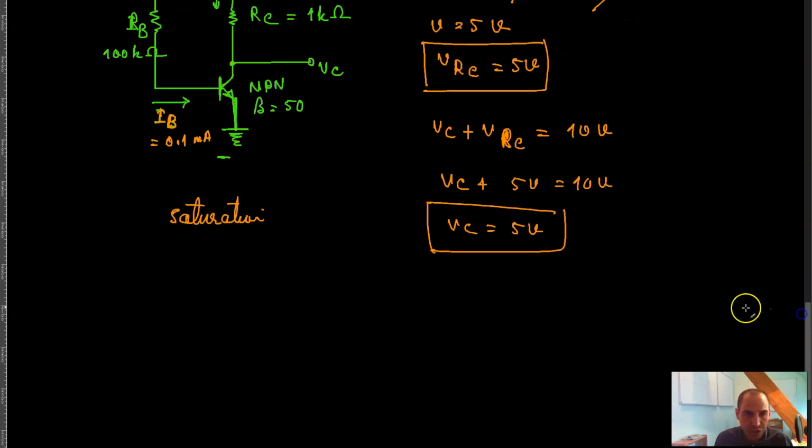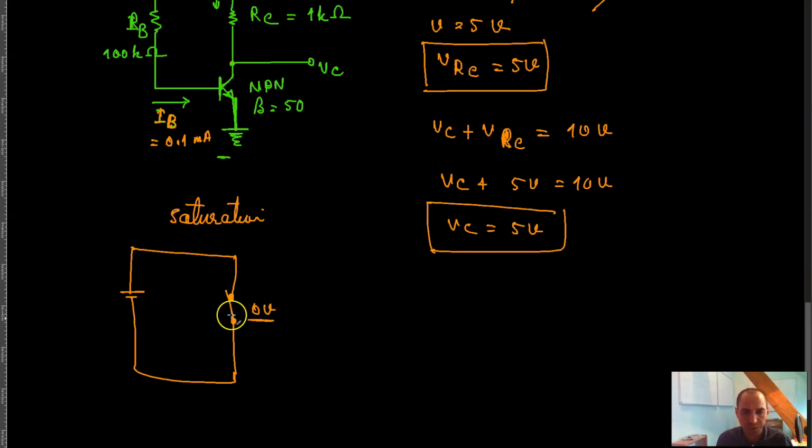And you can imagine that when you have a closed mechanical switch like this, and you connect it to a power supply, then of course the voltage drop across this switch is 0 volts, right?